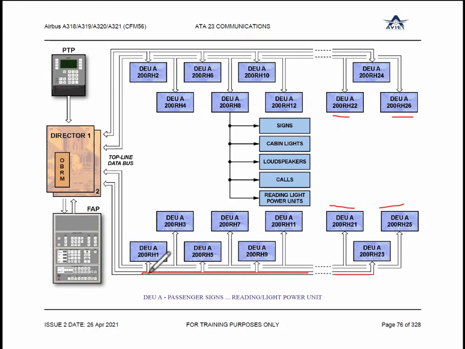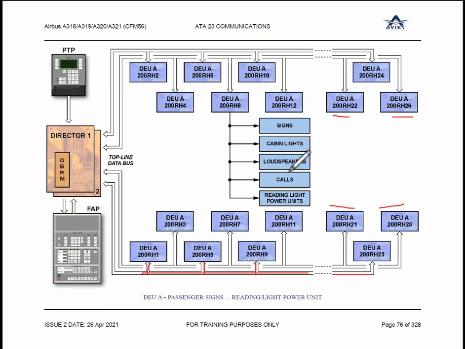Each side alternate number means 1, the next is 5, the next is 9. So odd numbers are on left hand side, even numbers are on right hand side. You get my point? This is the DU number, decoder encoder unit number 2, 4, 6, 8, 10, 12, like this. This is a FIN number actually, functional identification number.